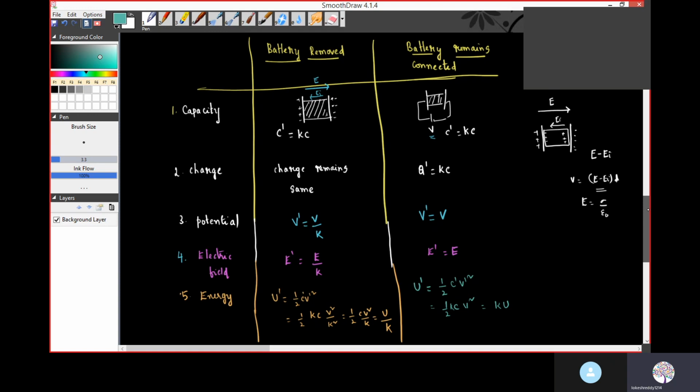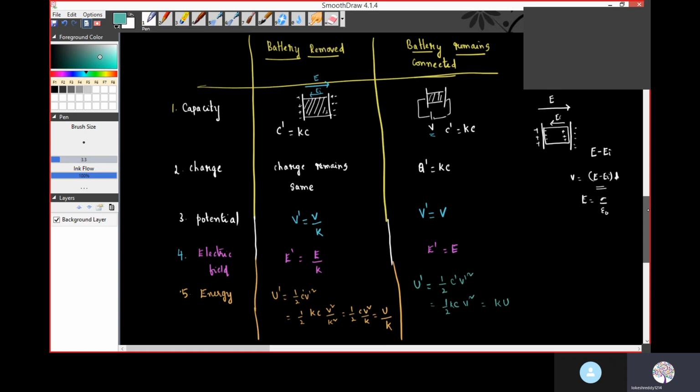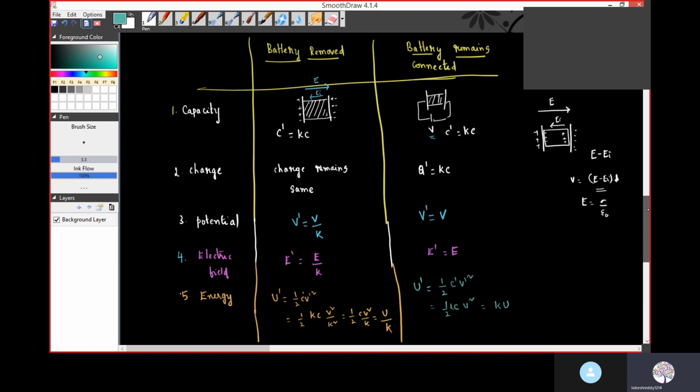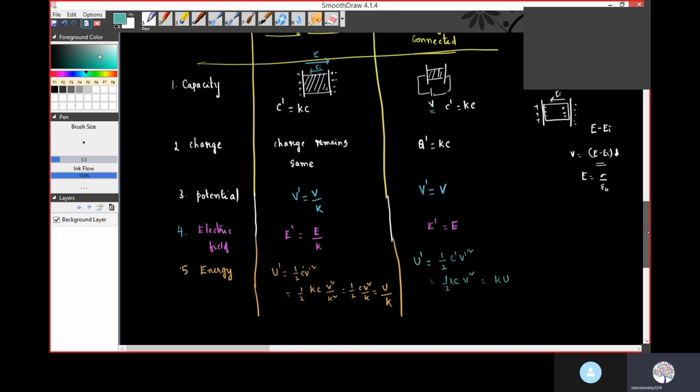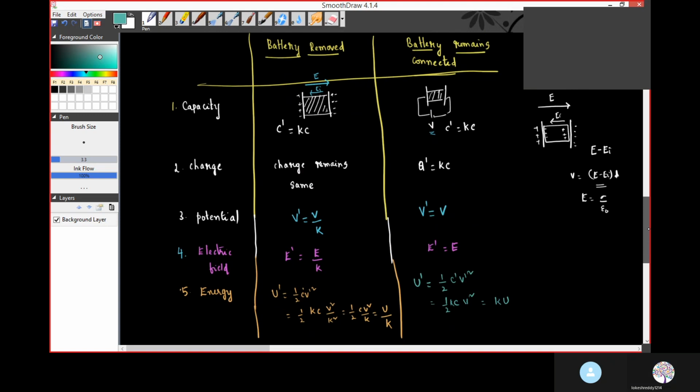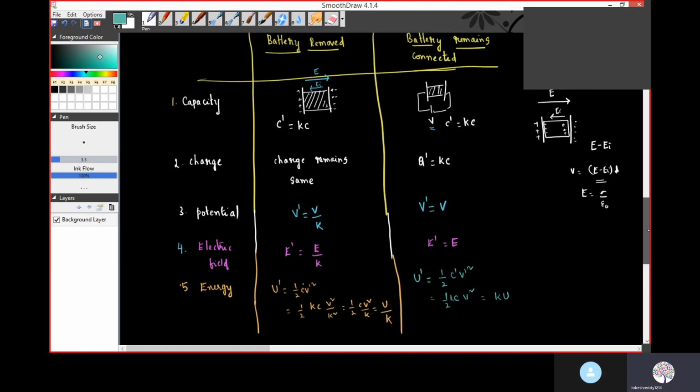You have to understand why I'm writing those points and why we have those values. Logic you have to understand, then it is very easy to remember. Without logic, it will become difficult.